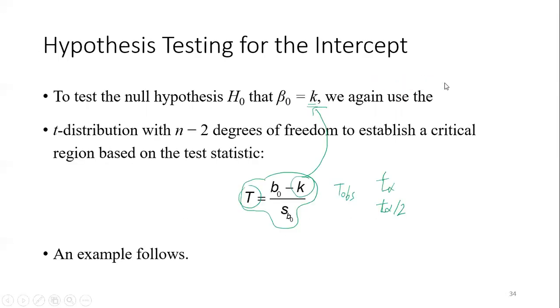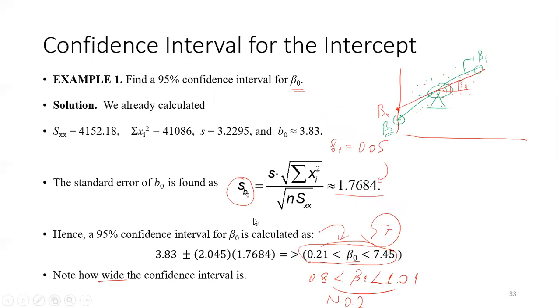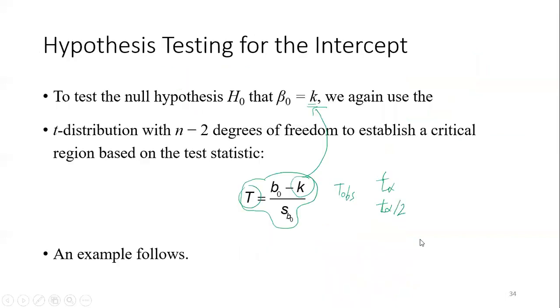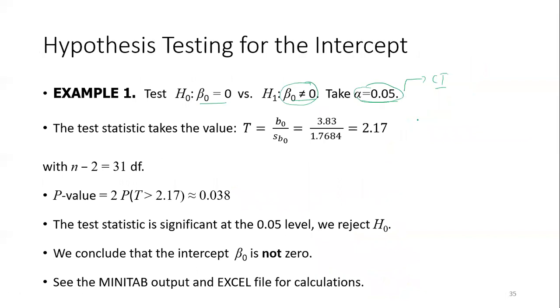Remember, the confidence interval in the previous example was a 95% confidence interval. Well, you can make the hypothesis test by looking at this confidence interval. Here beta 0 is in (0.21, 7.45), and this is the 95% confidence interval.